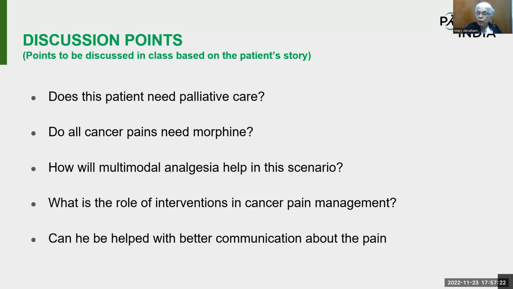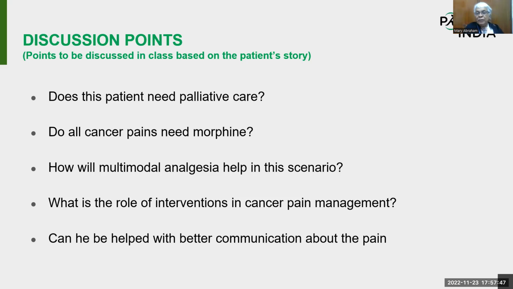Allodynia, hyperalgesia, all that is there in neuropathic pain. So we need to find some ways in which this kind of pressure is not there on that local area. And also the stools, he's having constipation on and off. So we have to ensure that he's getting a proper laxative, and the stools are not hard.